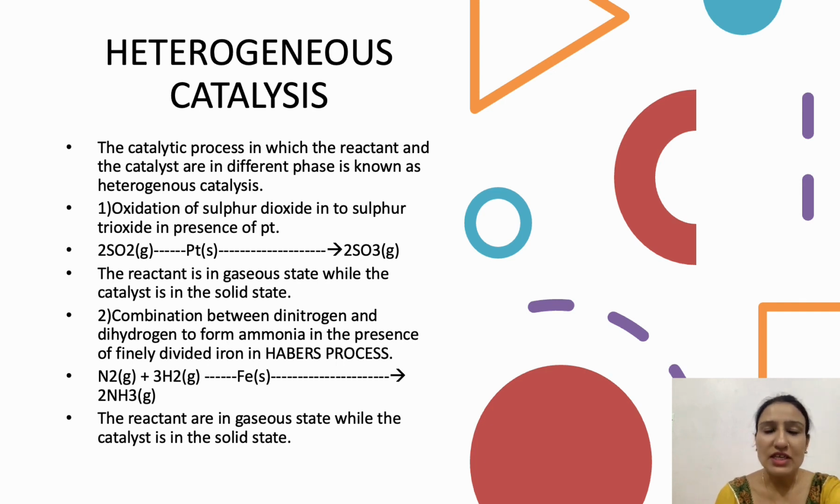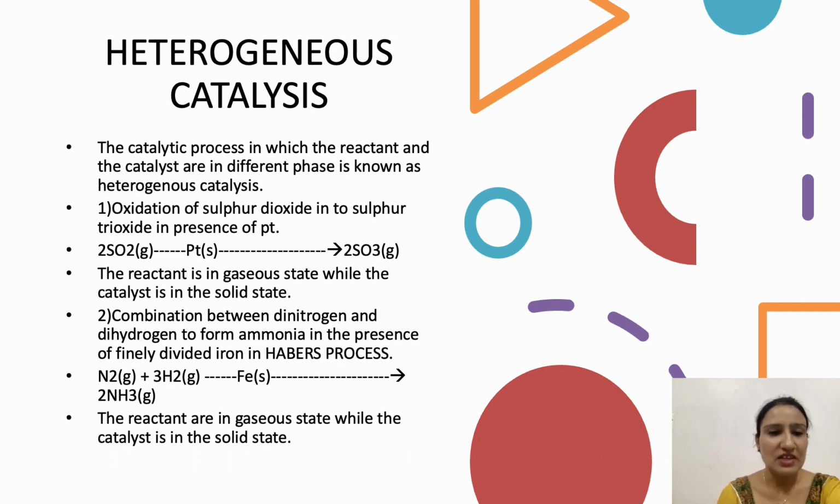Now heterogeneous catalyst. As the name indicates, hetero means different. The catalytic process in which the reactant and the catalyst are in different phases is known as heterogeneous catalysis. The first example is oxidation of sulfur dioxide into sulfur trioxide in presence of platinum.